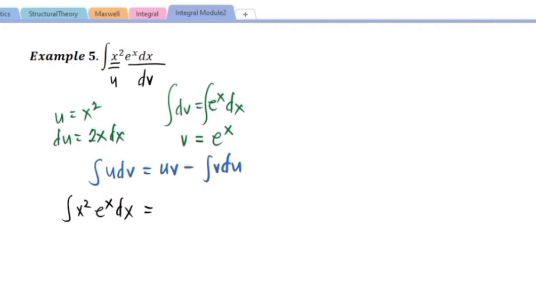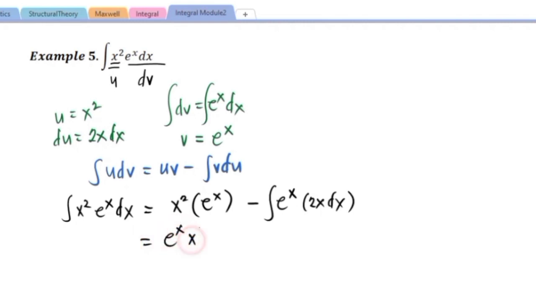So yung u natin is x squared and your v is e to the x minus the integral of v, so that's e^x, multiplied by du, that's 2x dx. So we have here e to the x multiplied by x squared minus, labas natin si 2, integral of x e to the x dx.